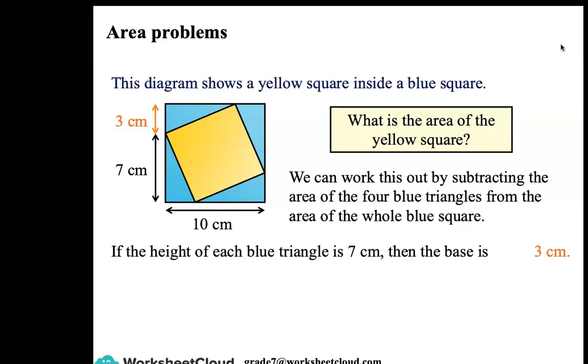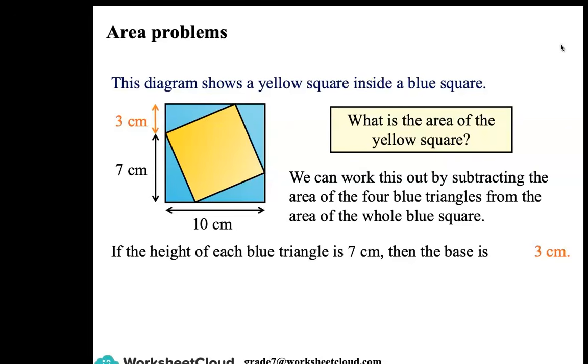Okay, each triangle is congruent, meaning that each triangle is exactly the same, because the yellow square is a square and all 4 sides of the yellow square are also equal. So that's going to give us 4 identical triangles.